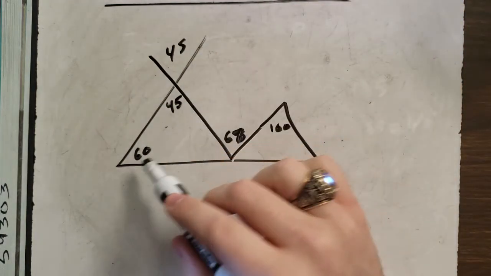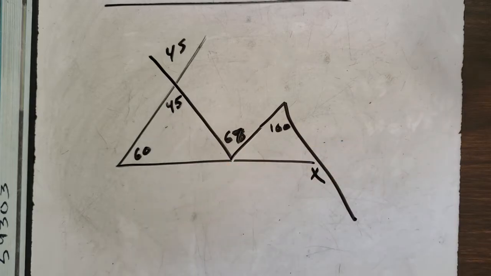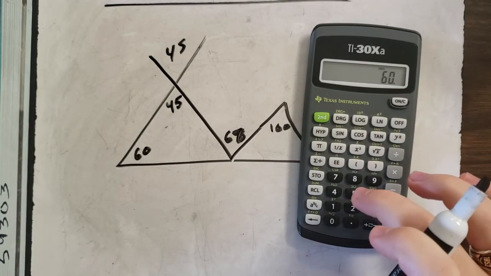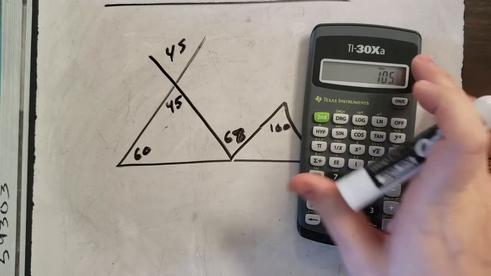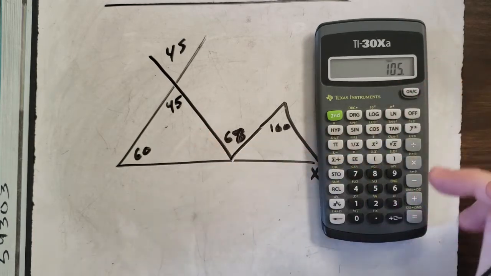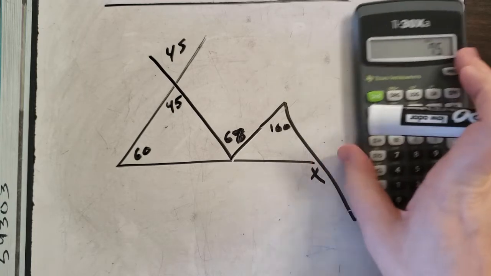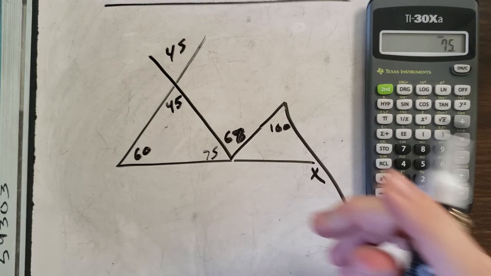Now we have a triangle. We have two angles, so we add them up. 60 plus 45 equals 105. And then to get our last one, remember we subtract it. We do 180 minus 105 to get our third angle, 75.